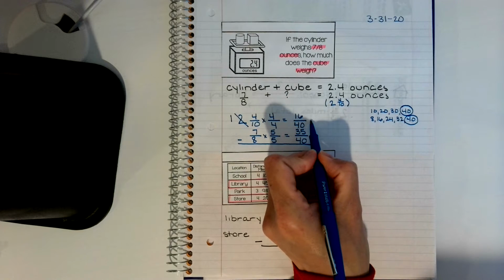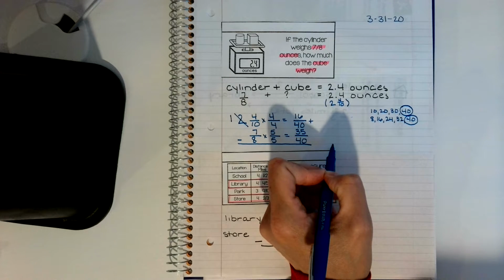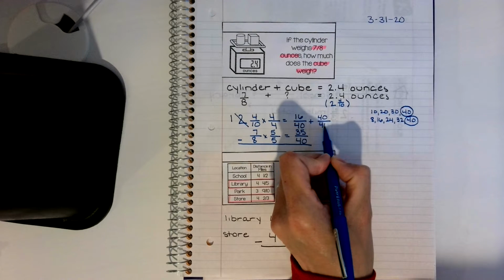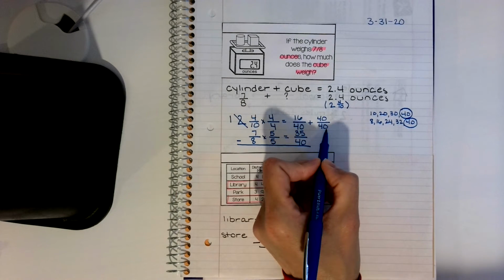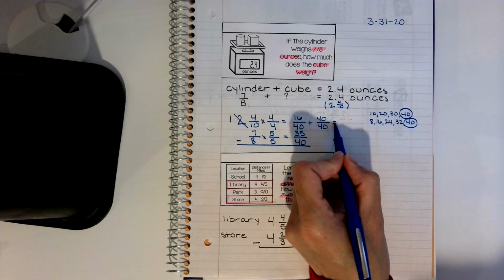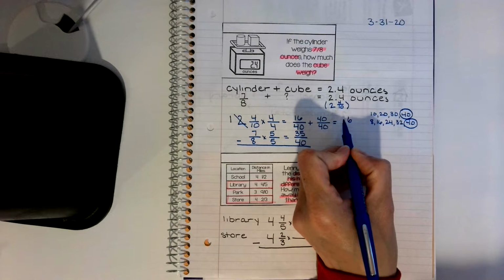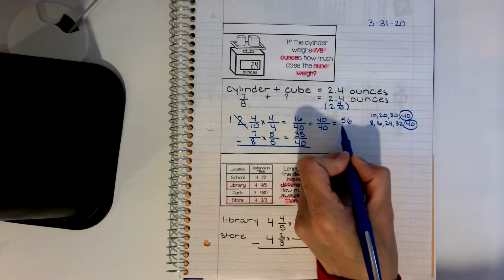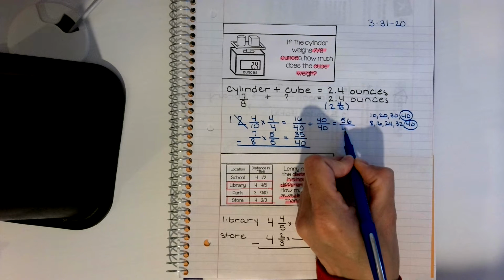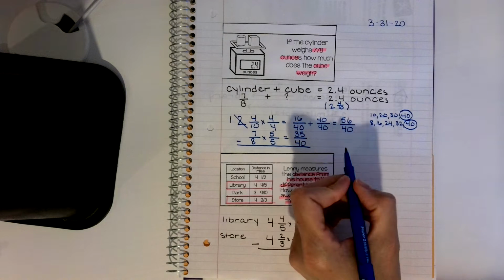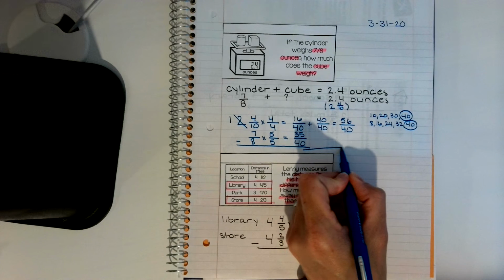You're going to add 1 whole in fraction form, which is 40 40ths, because that's your 1 whole you're adding over here. 16 plus 40 is 56. Now you have 56 40ths. Now you can subtract. So you have 56 minus 35. That gives you 21.